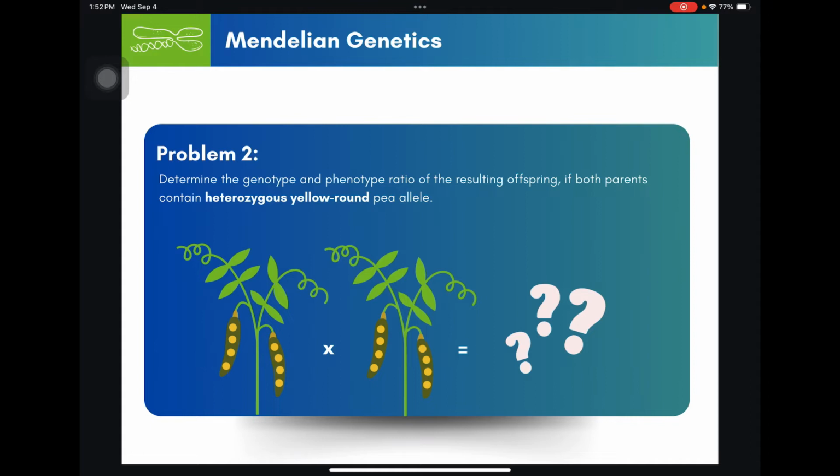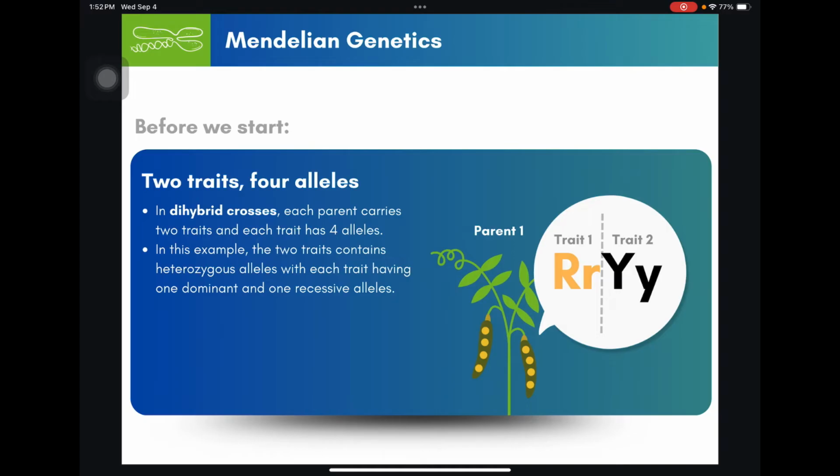Now the question is asking us what could be the possible characteristics of these two combinations. Before we start, again, in the dihybrid crosses, each parent now carries two traits, and each trait has two alleles. A while ago, in the monohybrid crosses, we considered only one trait with two alleles.